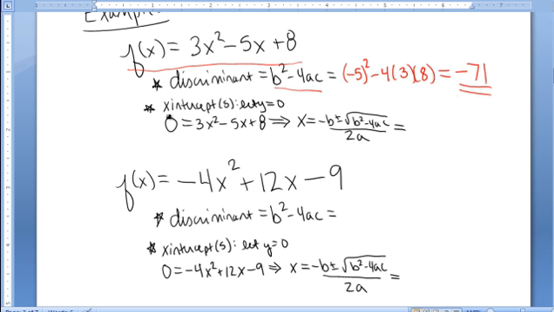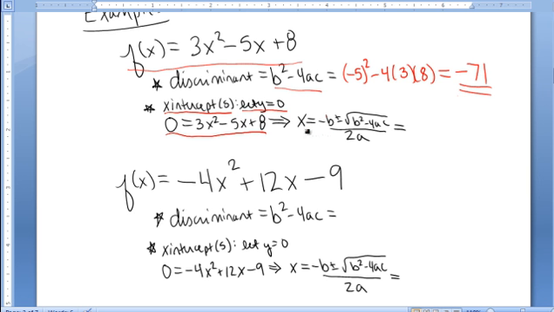So if we want to find the x-intercepts of the function f of x, we let y equal 0, because that's where x-intercepts occur. So now we're solving the equation 0 equals 3x squared minus 5x plus 8. And now we can use the quadratic formula.